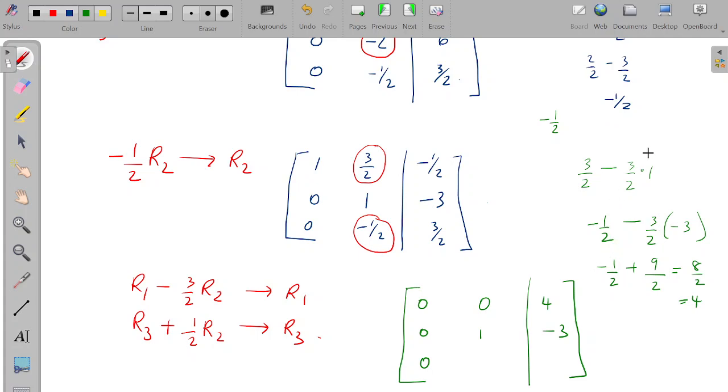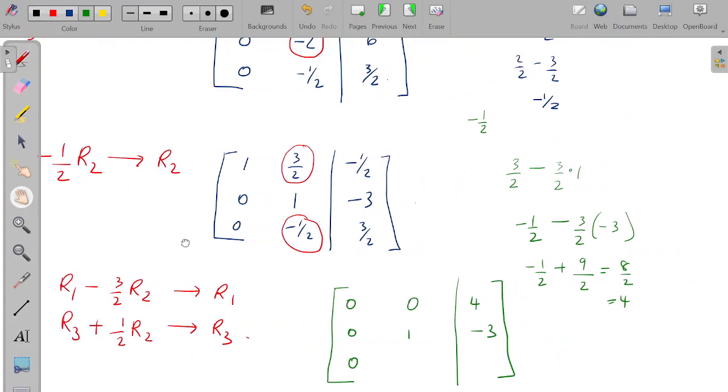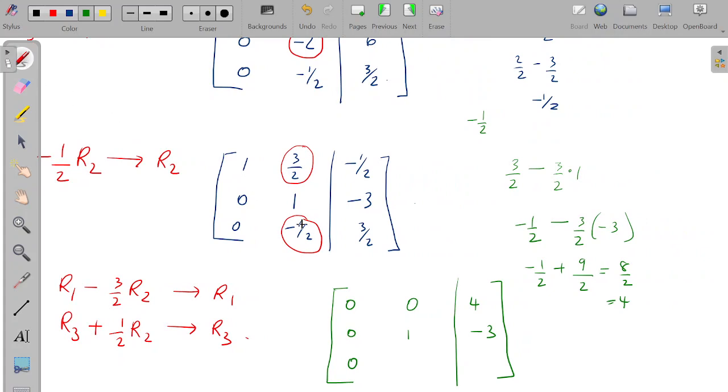Don't let those calculations cloud your workings. So we have minus half plus 1 over 2 multiplied by 1, so this is 0. This is obviously 0.